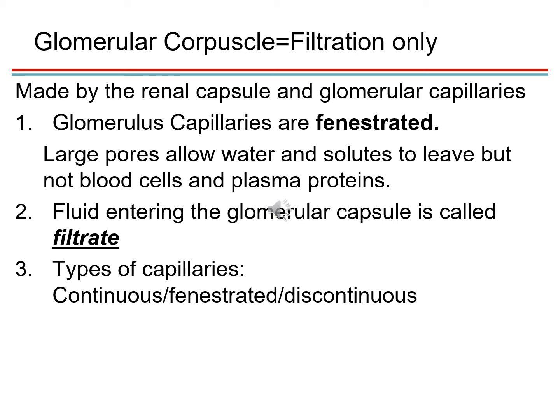The gap between those cells is a little bigger than in continuous capillaries and a little smaller than in discontinuous capillaries. What is important is that they are designed to increase the filtration from the capillaries into the capsule, and the product in the capsule is called filtrate.